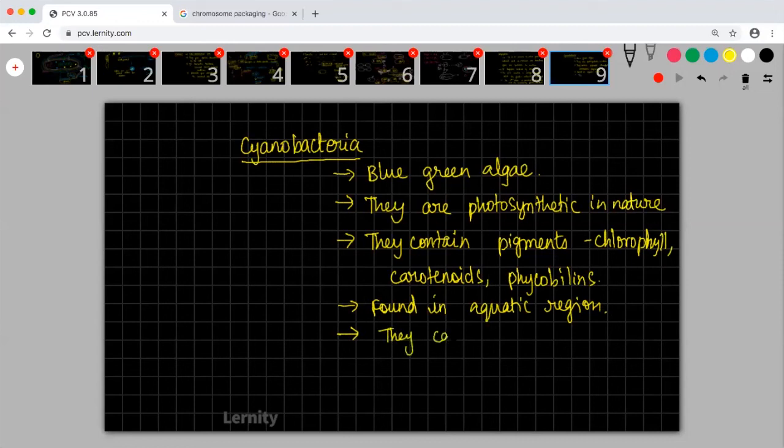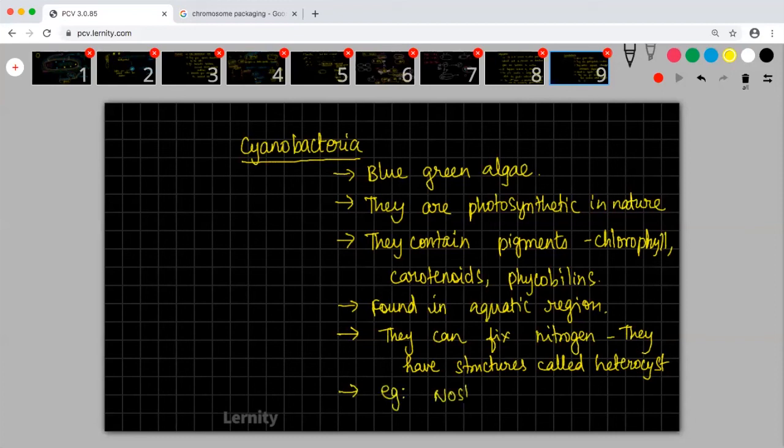They can fix nitrogen. They have structures called heterocyst. Examples: nostoc, anabaena, spirulina, all those things.